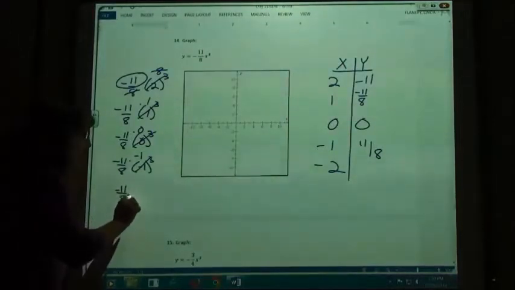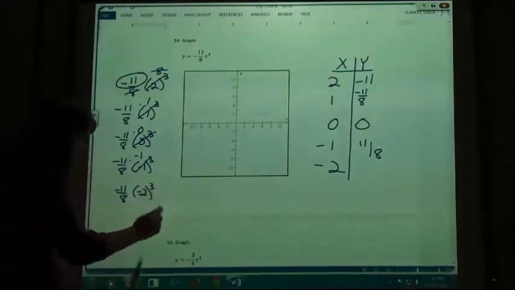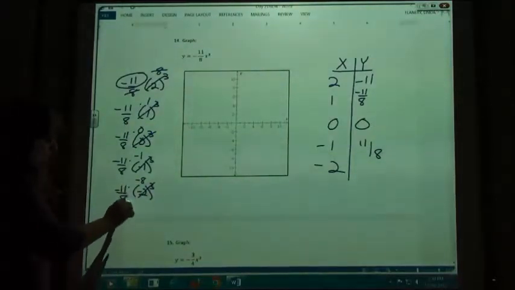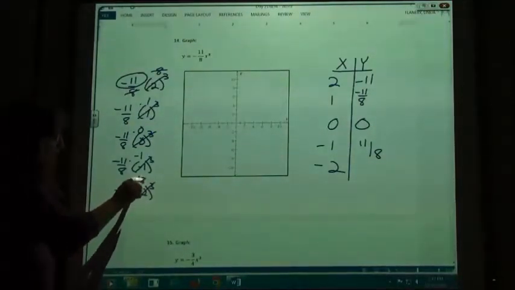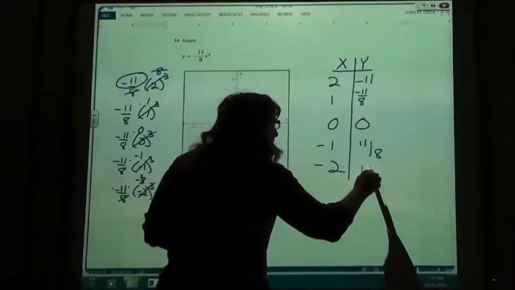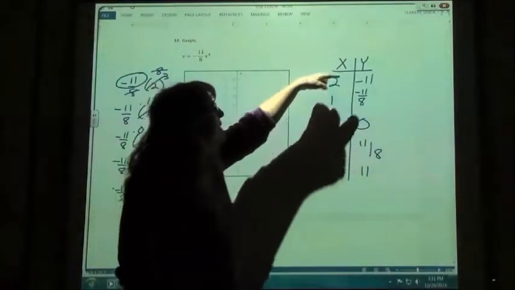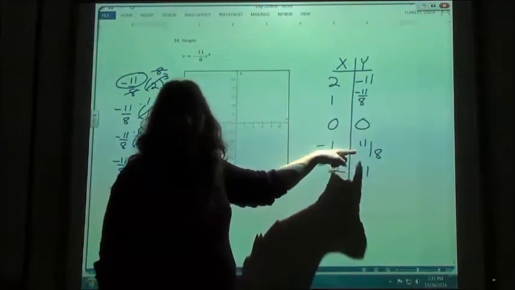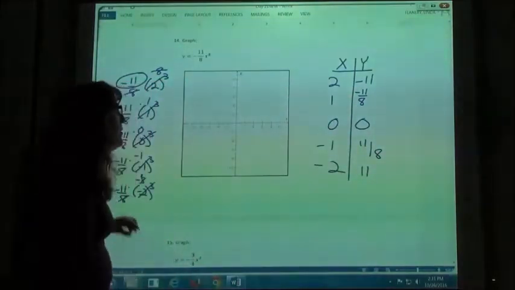Negative 11/8 times negative 2 cubed. Negative 2 cubed is negative 8. Here the 8s cancel out, but the negative does not. That's a negative 1. So a negative times a negative is going to give you a positive 11. So again, these answers should be opposites. Those answers should be opposites. The zero's in the middle.